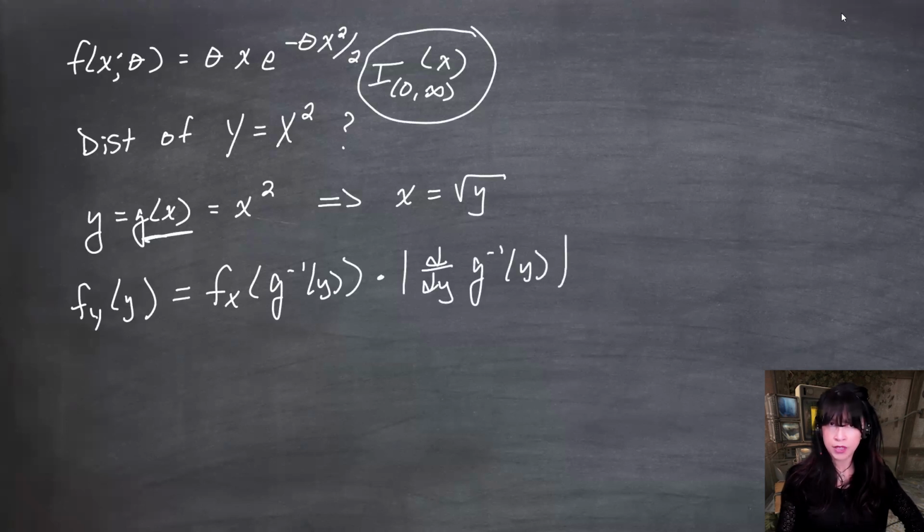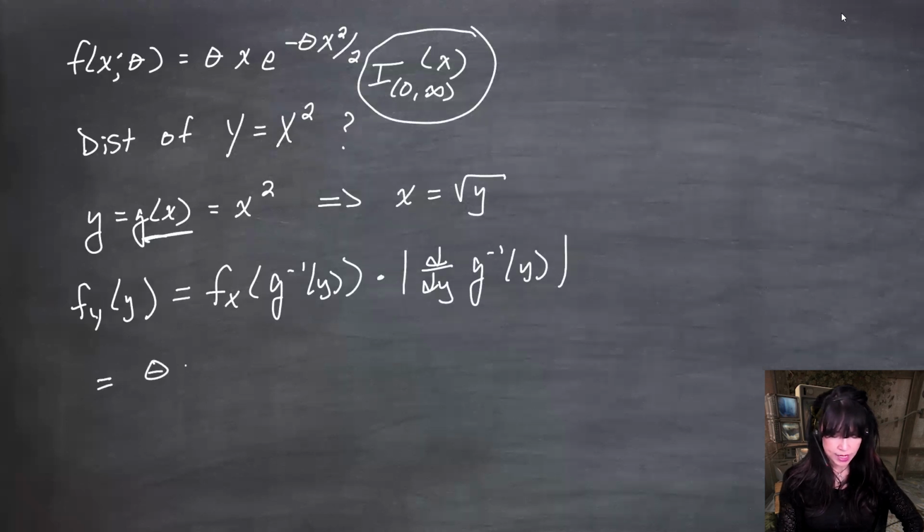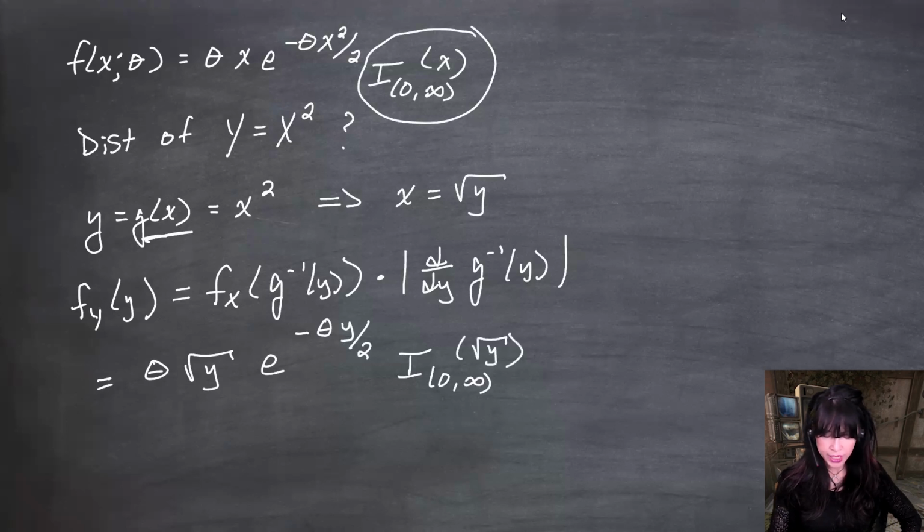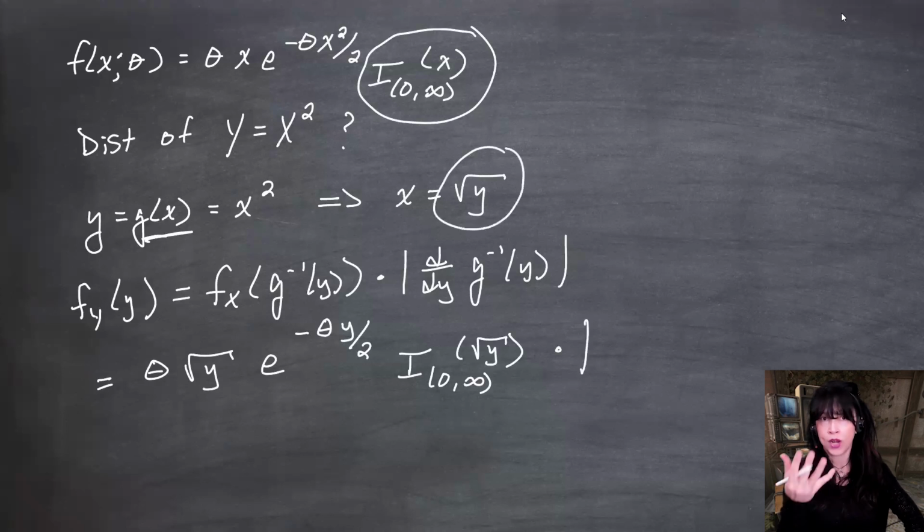So I'm going to take the top line and I'm going to put the square root of y in for every x. We'll get theta square root of y e to the minus theta y over 2, because that was the square root of y squared, an indicator saying that the square root of y is between 0 and infinity, and then the absolute value of the derivative of this being y to the 1/2.